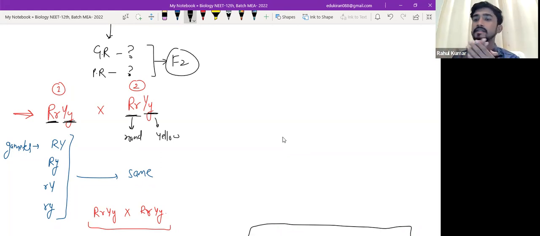Always they were getting segregated, and in kids there was another kind of permutation combination appearing. Do you understand, everyone? There was always something which the parents did not have. Independent assortment was always happening. Is it clear to you, Madiha?